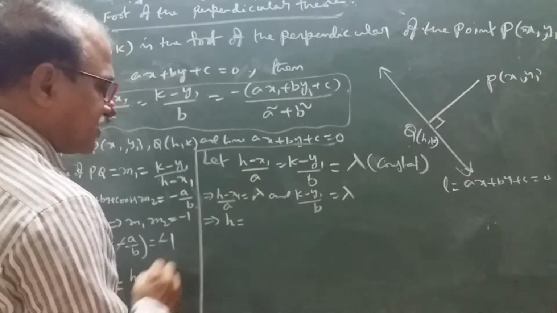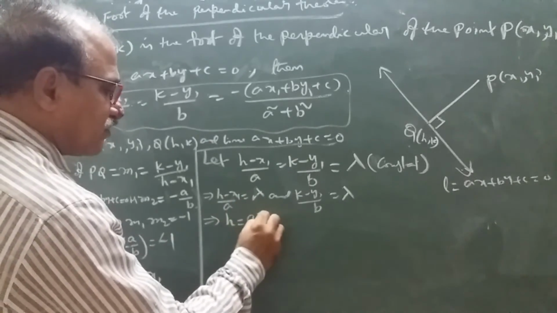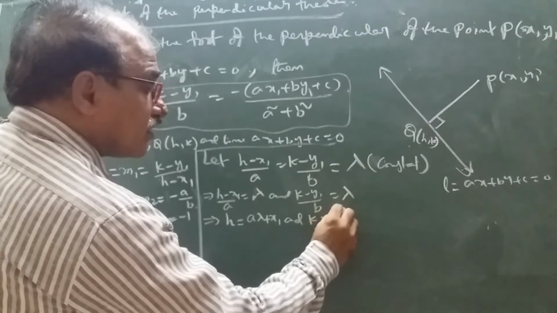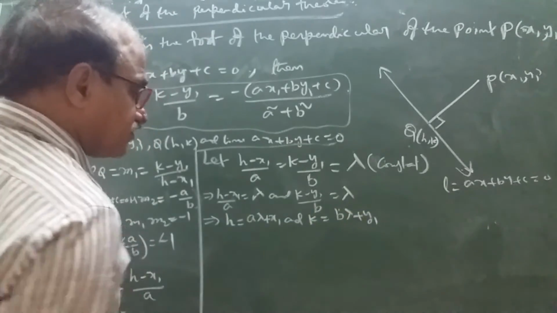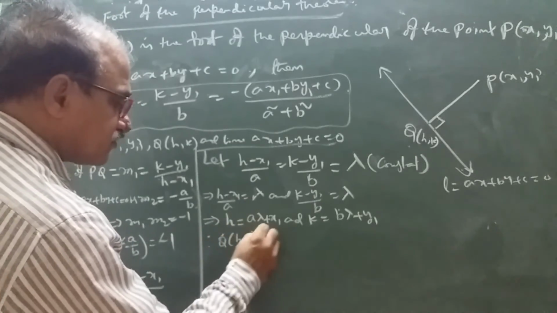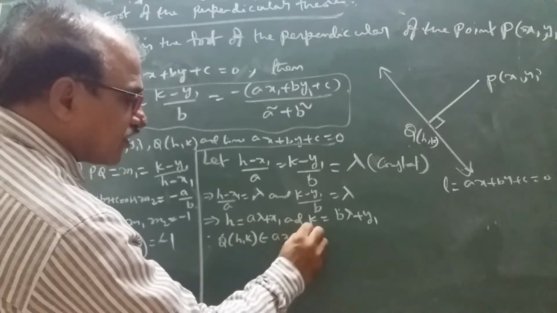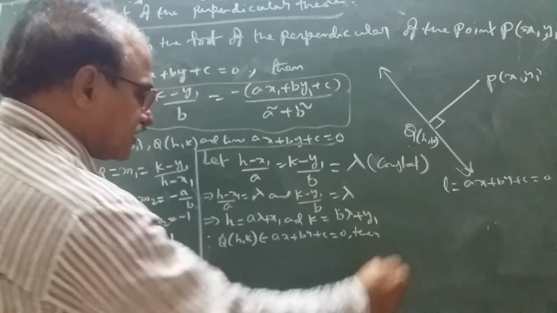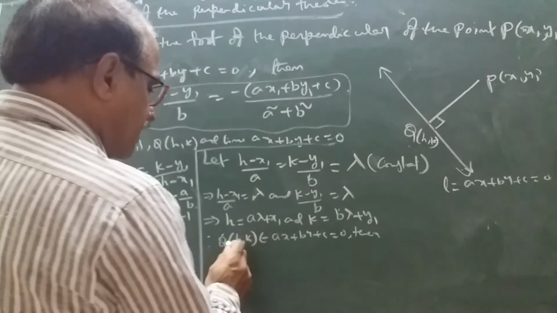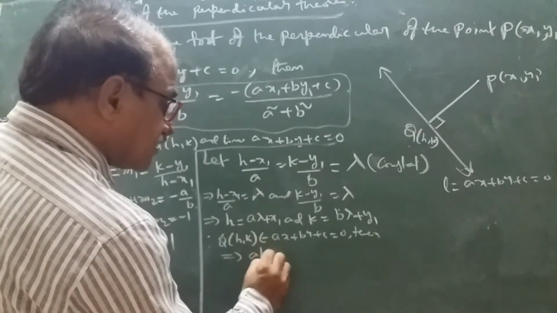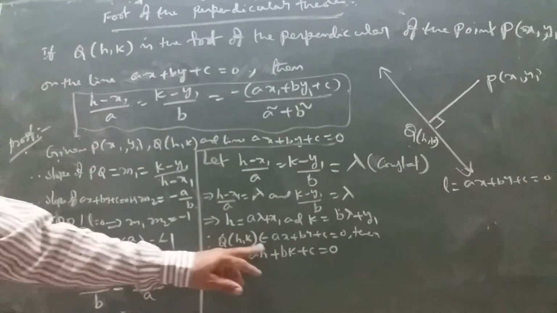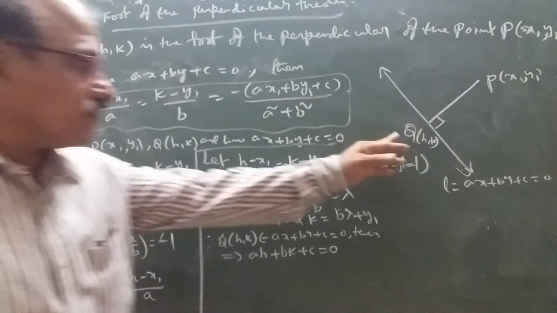Taking h as the subject, h = a lambda + x1 and k = b lambda + y1. Since Q(h, k) belongs to the line ax + by + c = 0, this point should satisfy the equation, that implies ah + bk + c = 0.